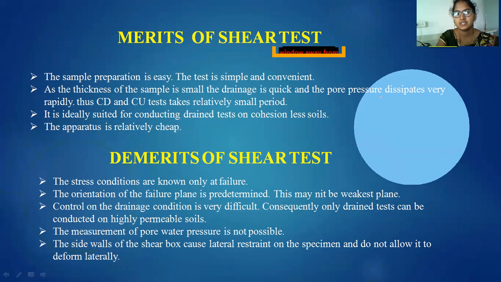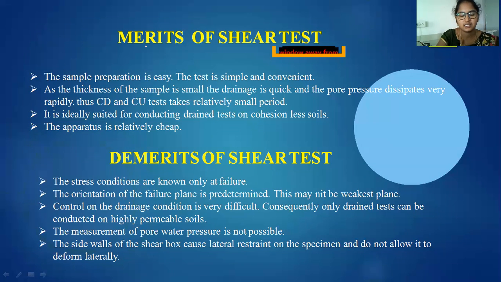As the thickness of the sample is small, the drainage is quick and the pore pressure dissipates very rapidly. The CD, consolidated drained, and consolidated undrained tests take a comparatively small period. It is also used for conducting drained tests on coarse soils.